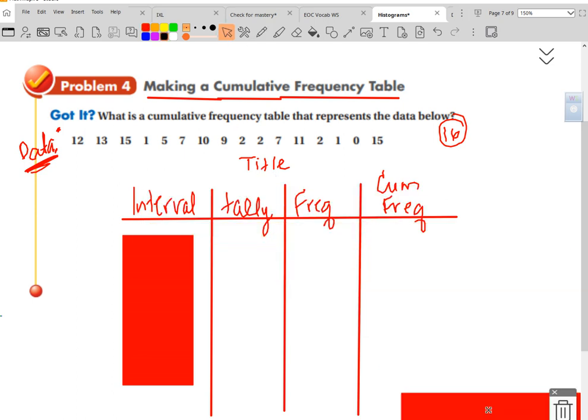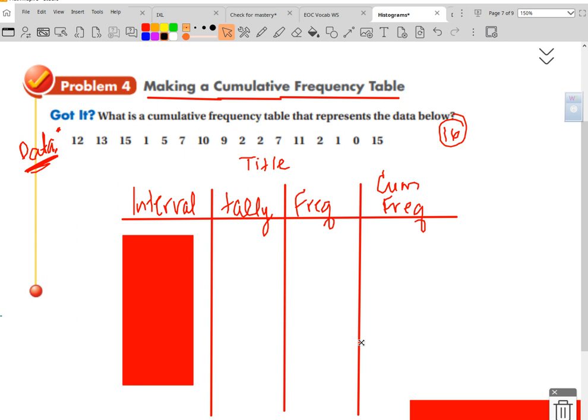Normally, then we're going to have 4 columns. So if you have not sketched the 4 columns, go ahead and sketch the 4 columns. That first column is going to be an interval. If I knew what the data was, I would name my interval column minutes read or something like that. Are you following? The next column is going to be where I put my tally marks.